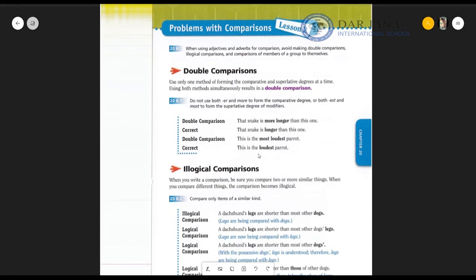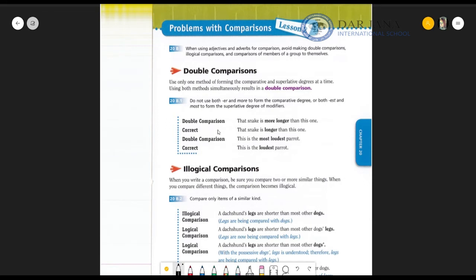So we have 3 different types of comparisons that are incorrect. The first one is double comparison, the second one is illogical comparison, and the third one, comparisons of members of a group to themselves. We're going to start with the first type, which is double comparison.